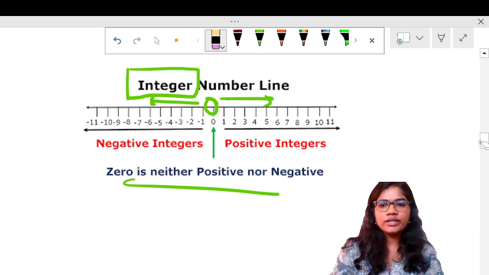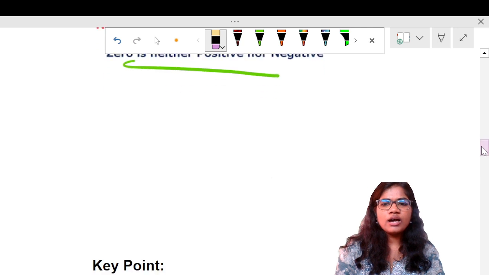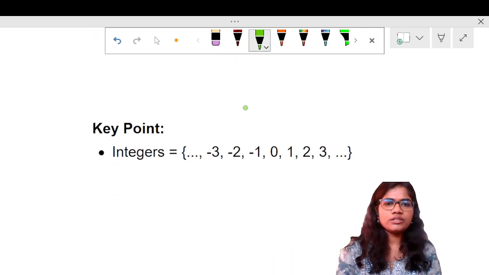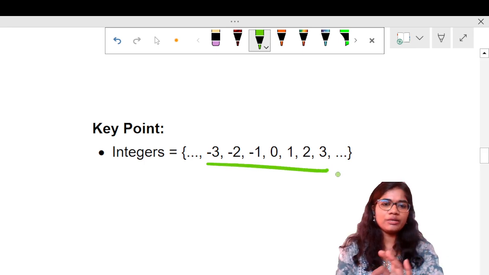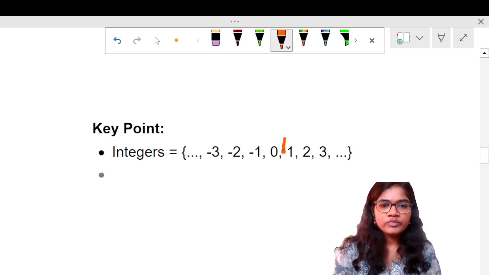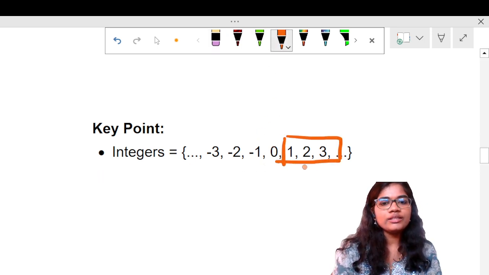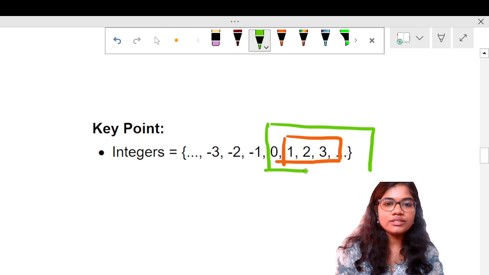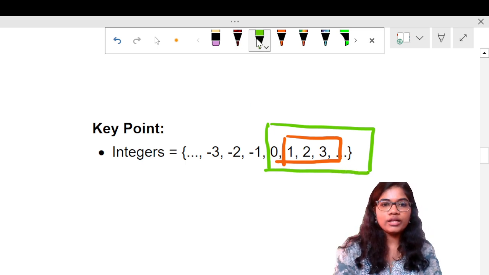Now, can you tell me this? These are the integers you can see here in the picture: minus 3, minus 2, minus 1. Now, see here. This set is called natural numbers, right? And this set is called whole numbers, alright?